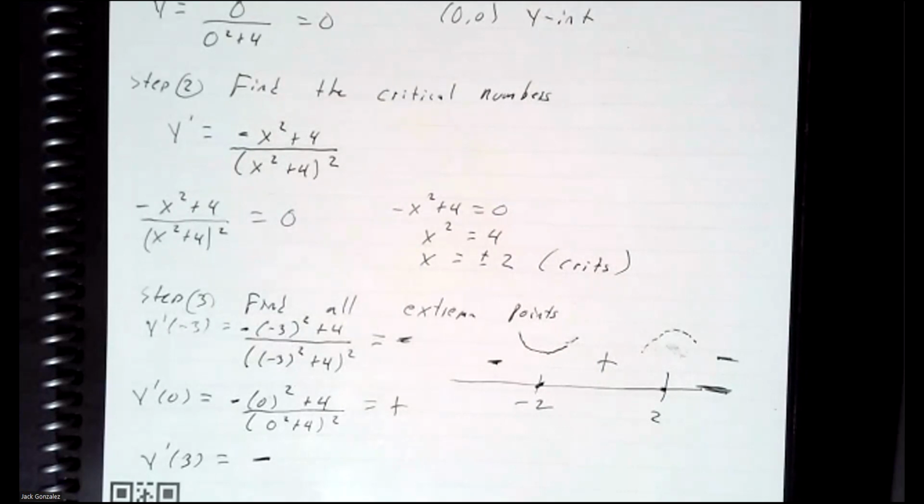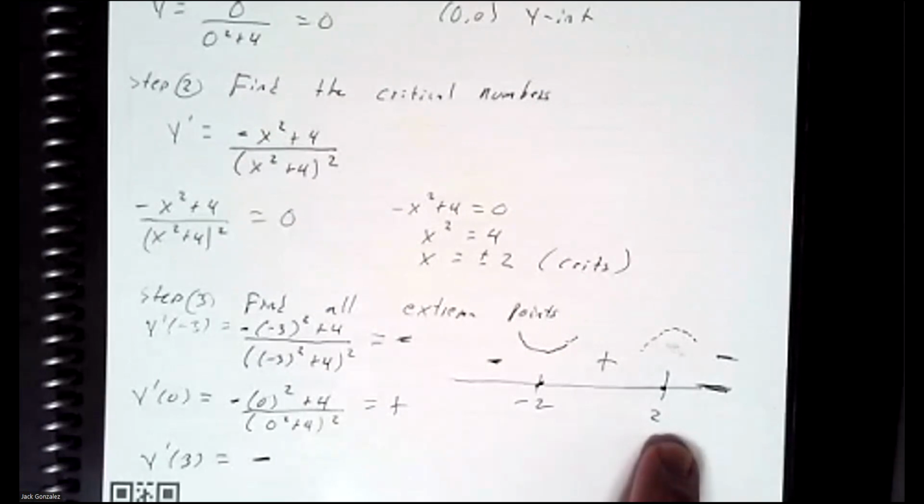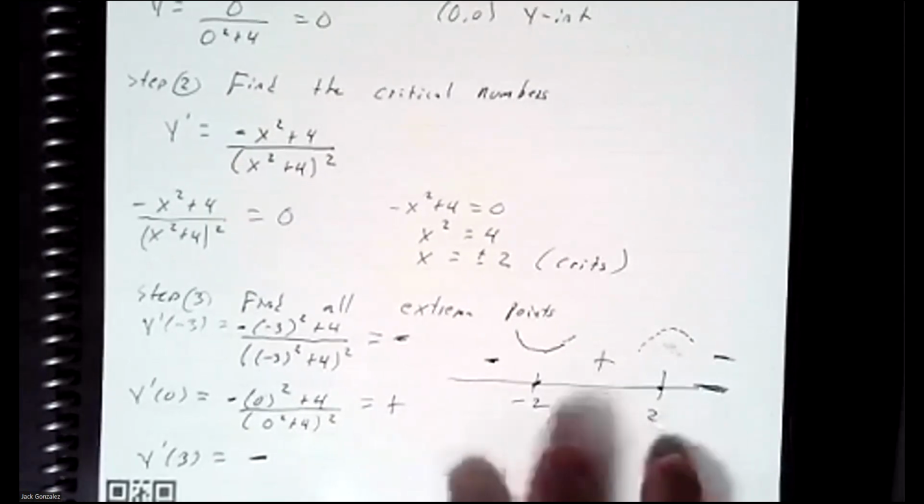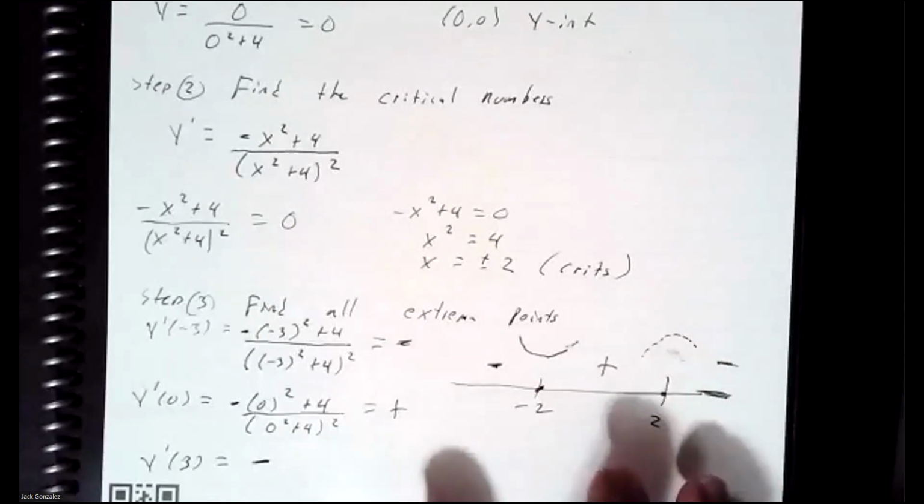Okay. So we have a minimum at -2, maximum at 2. So we just need to find the y values and we're done, because we need that information in order to graph. We need all of this to sketch it, because calculators do not exist.